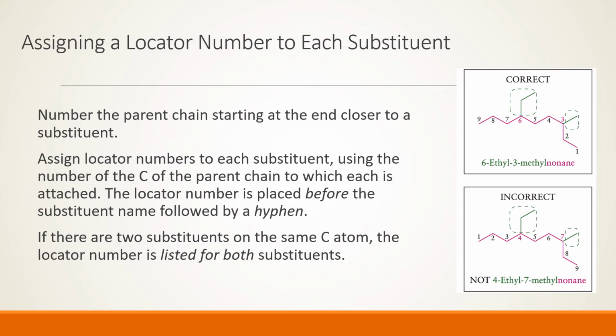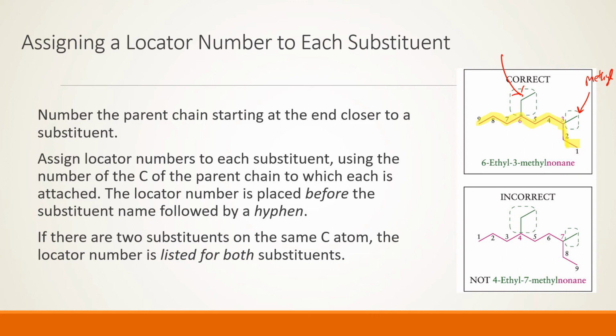For example, in this case, our parent chain is a 9 carbon long chain, and we have two substituents shown in the green boxes. One substituent contains only one carbon, this one, so this substituent is called methyl. The other substituent contains two carbons.